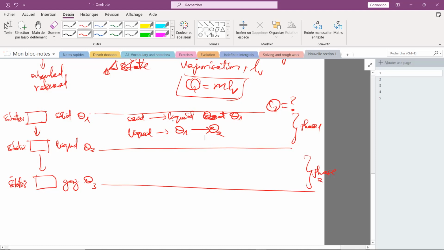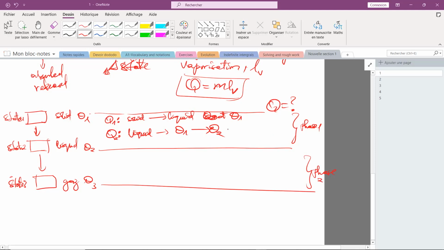So we know already the two processes that are taking place here. Let's call the energy required to convert it from solid state into liquid state Q1. So we have to calculate Q1 here. Now, Q2 will be the energy required to convert the liquid we have obtained here at theta 1 into the temperature theta 2.